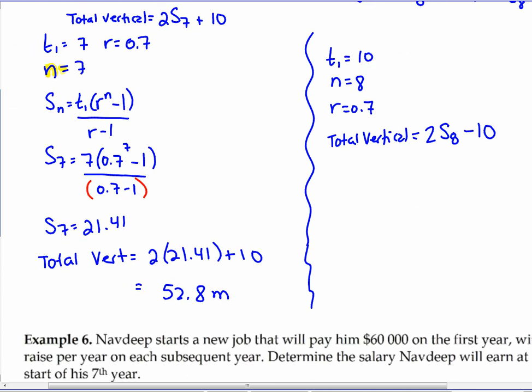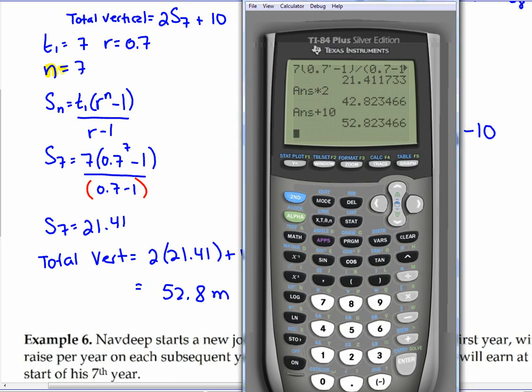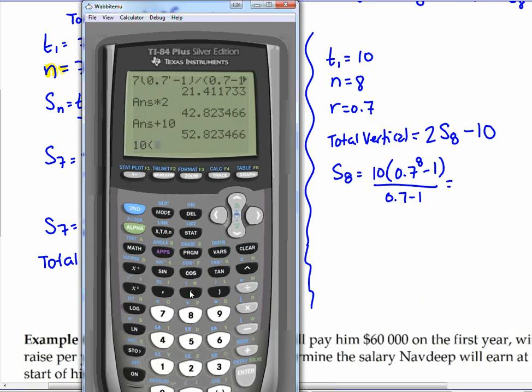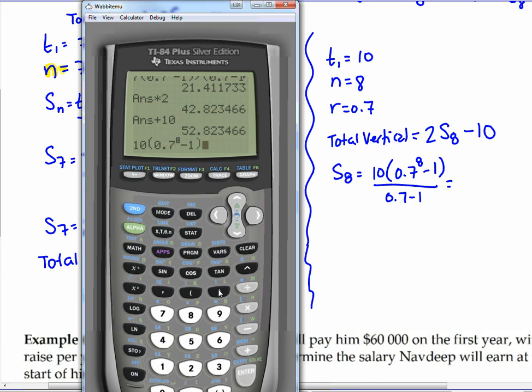So really quickly, S8 would have been, first term is 10 times common ratio 0.7 to the power of 8 minus 1, all over 0.7 minus 1. I'm just going to really quickly calculate this. 8 minus 1 divided by 0.7 minus 1, or negative 0.3.